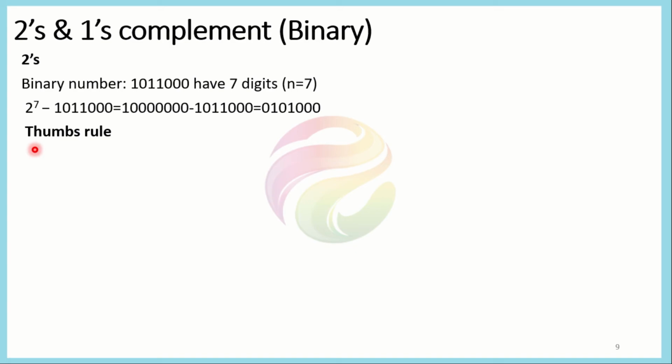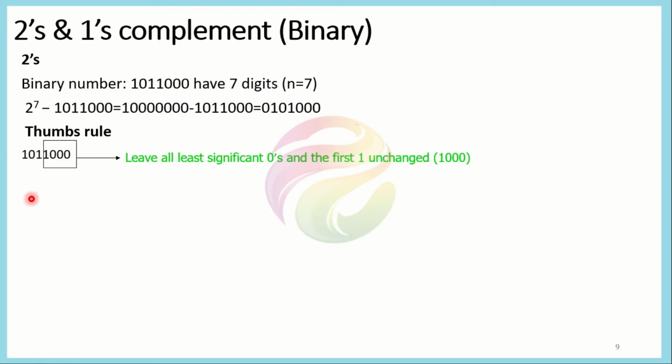Now again, there is a shortcut or a simplified method to calculate this twos complement. What we do is, for all the least significant zeros, we leave them unchanged. All the least significant zeros will remain unchanged, while the first one will also remain unchanged.